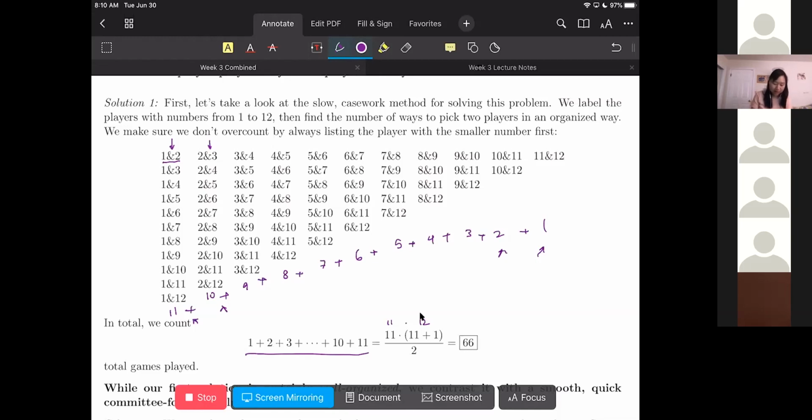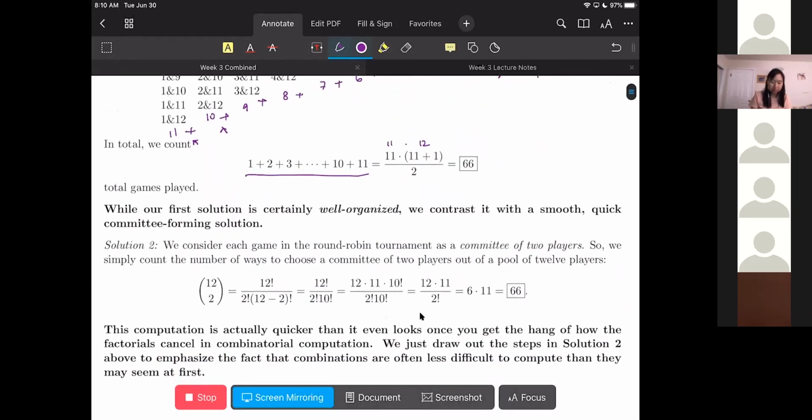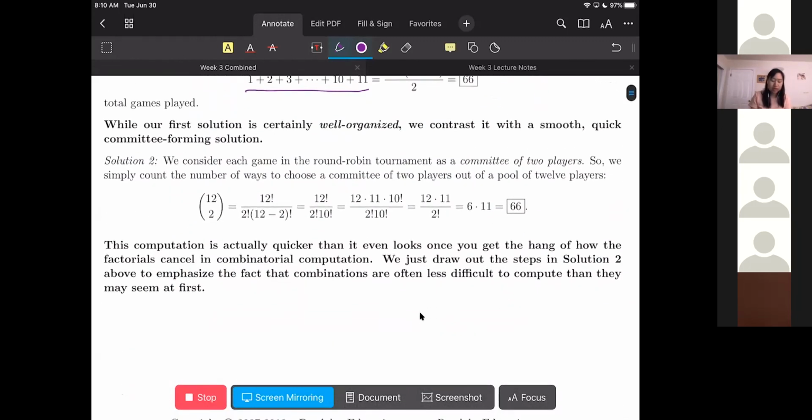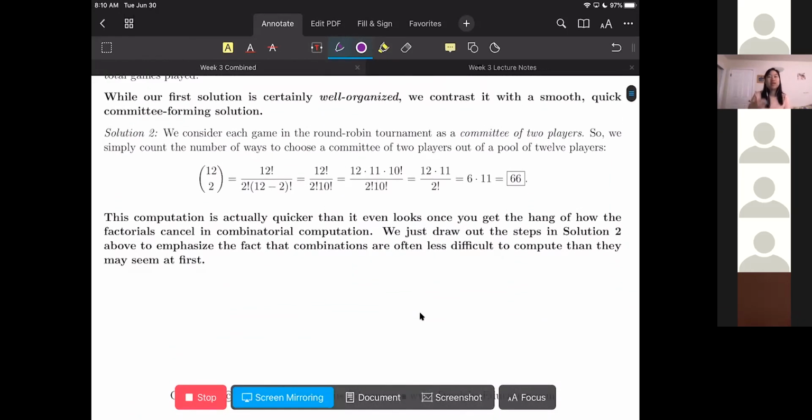All right. So this solution is pretty organized, but let's take a look at another way we could do this, leveraging what we learned about combinations last week. We could think of each game in the round-robin tournament as a committee of 2 players. We want to choose 2 players out of a pool of 12 players.